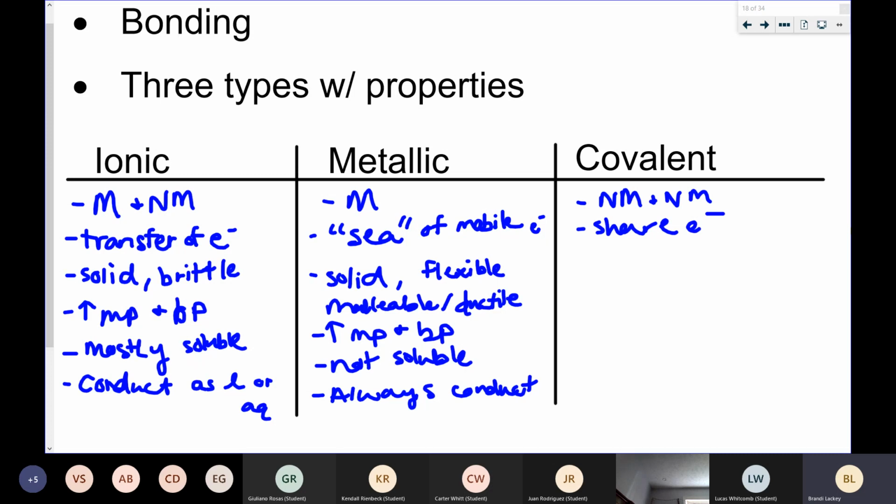Most of them are going to be gases or liquids at room temperature, and a lot of times that may depend on how heavy the substance is. These tend to have low melting points and boiling points, which is why they're liquids or gas at room temperature.